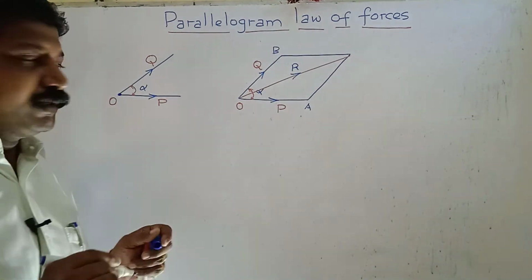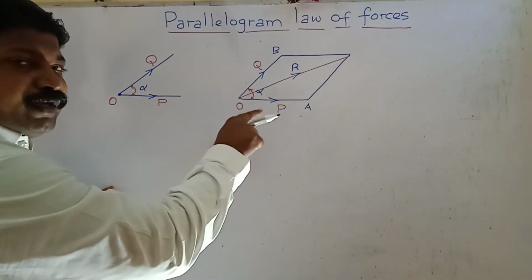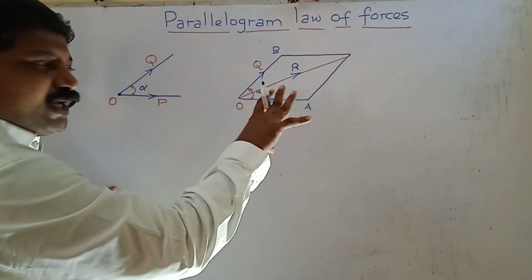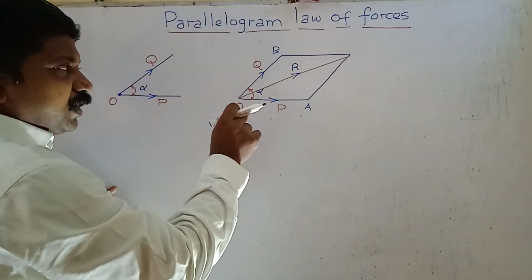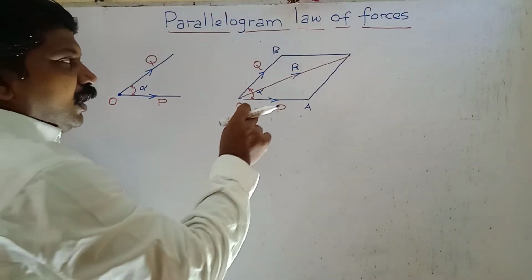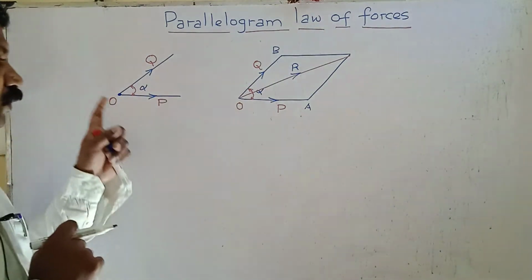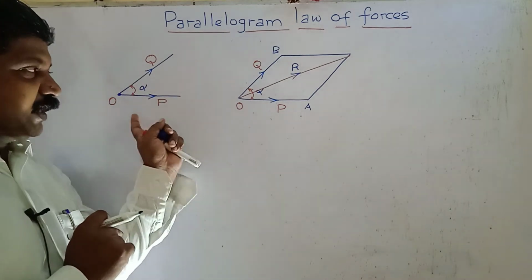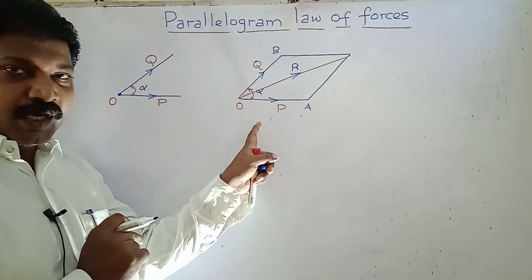So once again I repeat that. If two forces acting at a point are represented in magnitude and direction by the adjacent sides of the parallelogram, then the resultant is represented by the diagonal of the parallelogram passing through that point. Two forces P and Q acting at a point O are represented in magnitude and direction by the adjacent sides of the parallelogram.